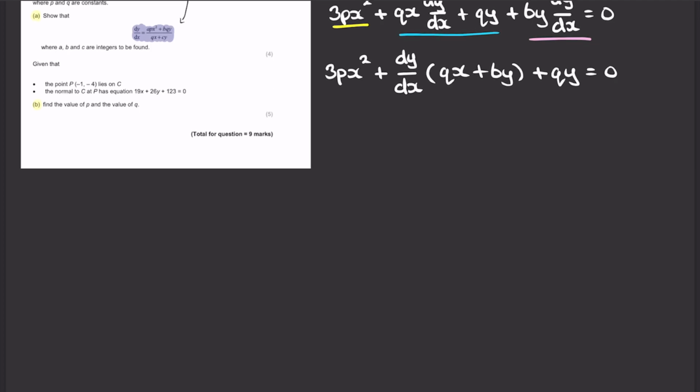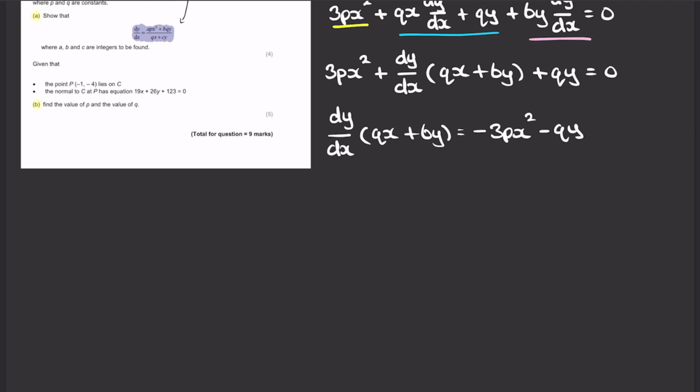So we have this term here and this term here, which we can move to the other side. So we'll have dy by dx is qx plus 6y, which equals minus 3px squared minus qy. It becomes negative because you subtract minus 3px squared and minus qy from both sides, which cancels out these ones, and you bring it to this side.